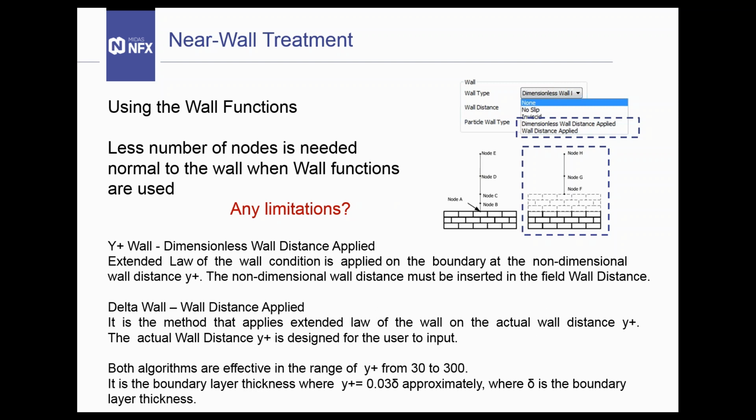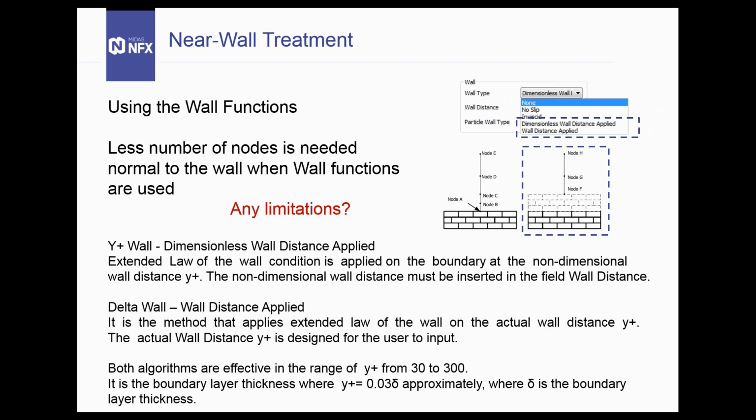So what are we doing? This wall function is giving us a method which uses some empirical formulas to impose suitable conditions close to the wall without resolving the boundary layer, which means that we are not focused on increasing the number of nodes close to the wall.